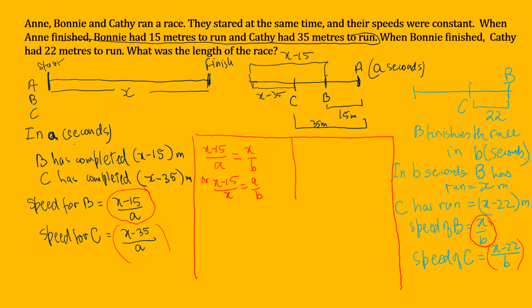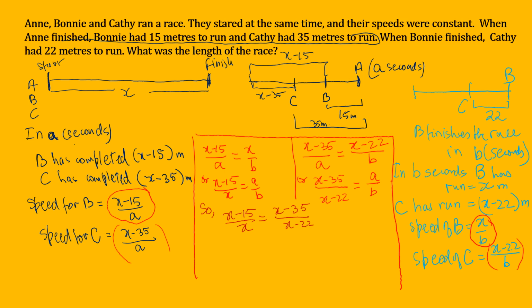Again, I can write x minus 35 out of A equals x minus 22 out of B, or x minus 35 divided by x minus 22 equals A out of B. Now you see they both equal A out of B. So we can write x minus 15 out of x equals x minus 35 divided by x minus 22.